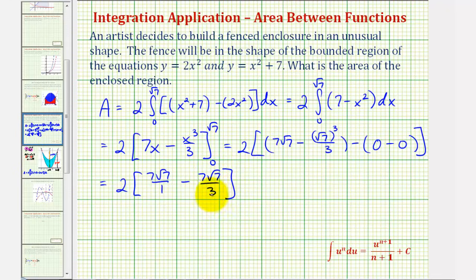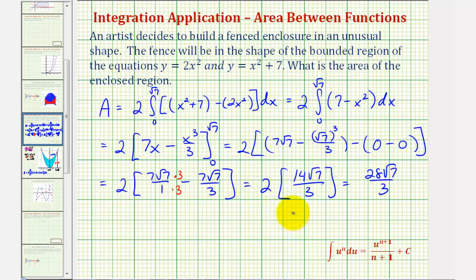Our common denominator here would be 3, so we'll multiply this first fraction by 3 over 3. So now we have 2 times, our common denominator is 3. The numerator is going to be 21 square root 7 minus 7 square root 7. That would be 14 square root 7. So the area would be 28 square root 7 divided by 3 square units.